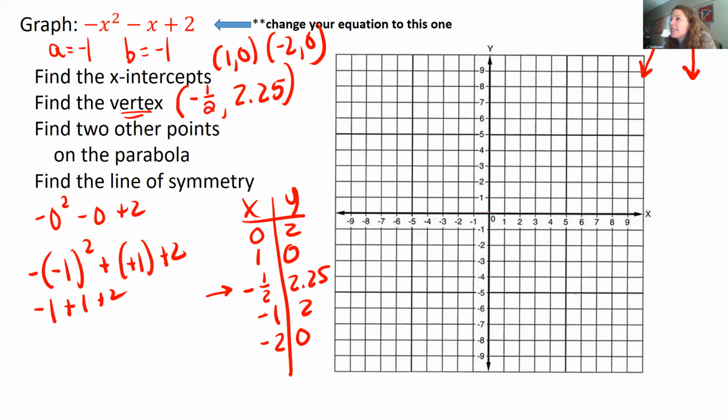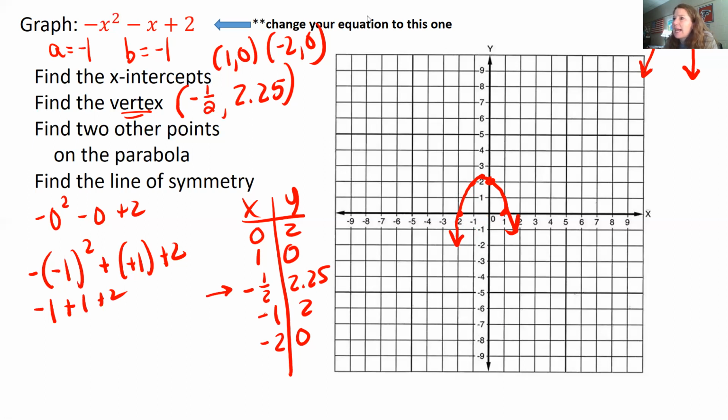So I'm going to graph 0, 2, 1, 0. And then -1/2 up 2 1/4, just barely right there. And then -1, 2 right there. And then -2, 0. All right, so this opens downward just like we knew it would.